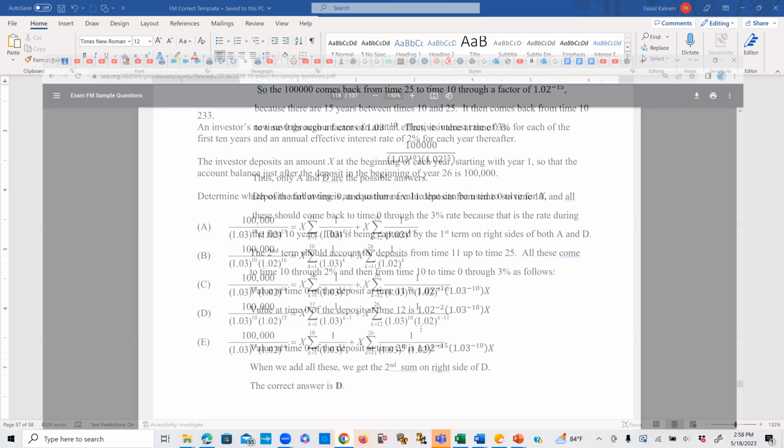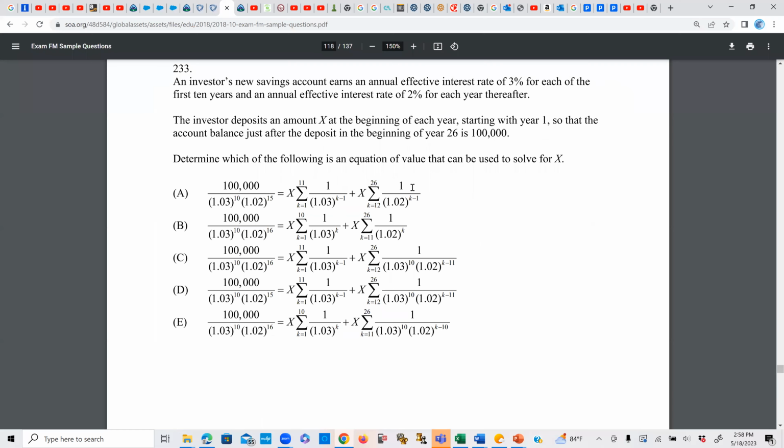So let's see here. We already know that it cannot be A, because A is not even employing the 1.03 factor. It's only employing the 1.02 factor. But if we look at D, all of them have an X. And in the second term, all of them have a 1.03 to the 10 in the denominator, which is like 1.03 to the negative 10.